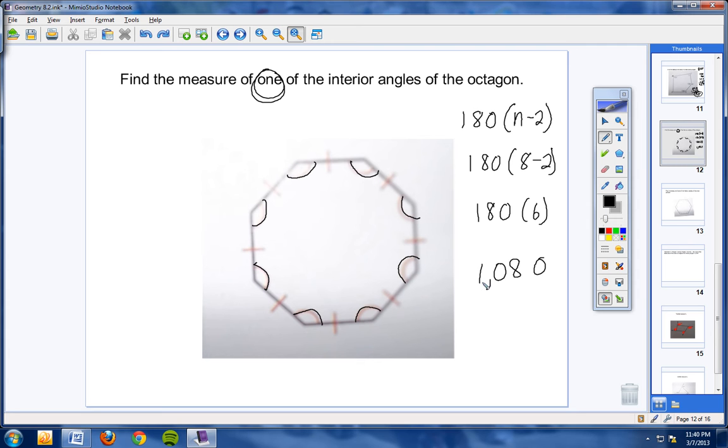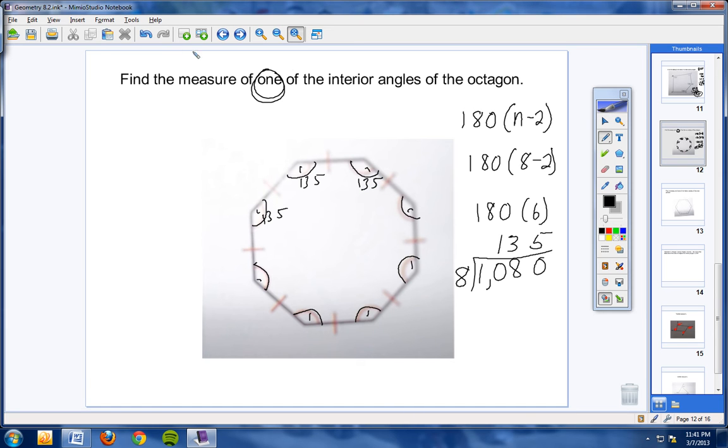That means I take this 1080 and divide it by 8, because how many angles are there? 1, 2, 3, 4, 5, 6, 7, 8. There's 8 angles. And since they're all congruent, if I divide 1080 by 8, I get 135 degrees. So each one of these angles is 135 degrees.